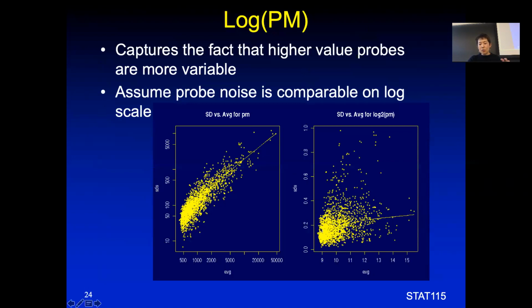Then the noise level, while not a perfectly straight line, is still much better than this slope in here. This step stabilizes the noise a little. Now, if you want to identify an expression index that minimizes the error, the probes with low values and the probes with high values will be considered with similar emphasis. So we are assuming the noise is comparable on the log scale. It's not perfect, but it's pretty good.